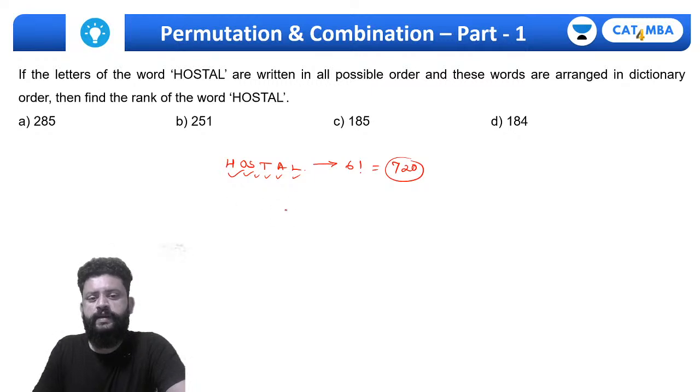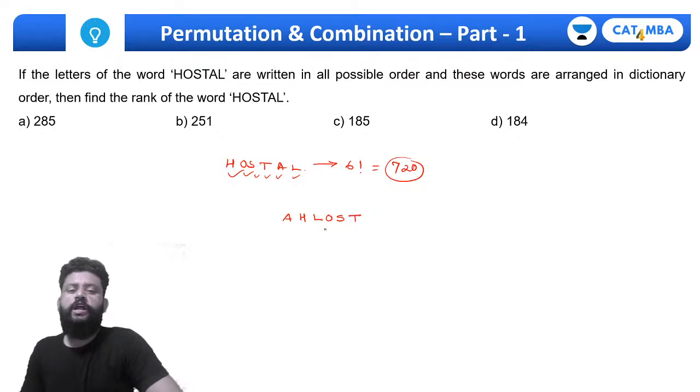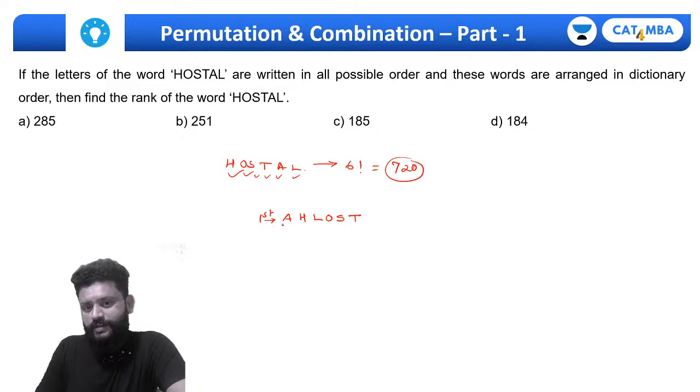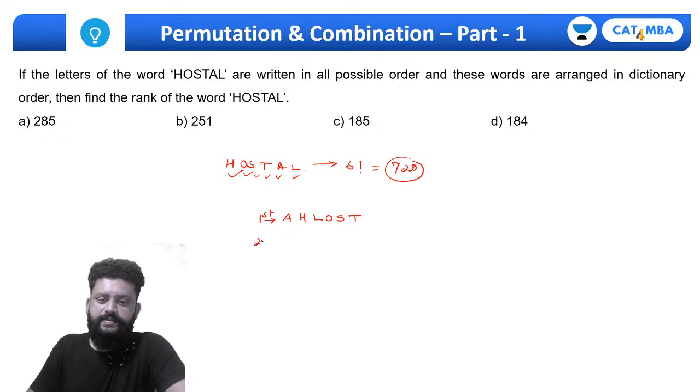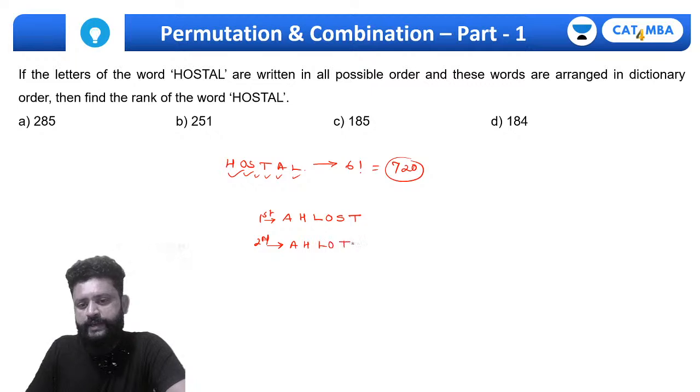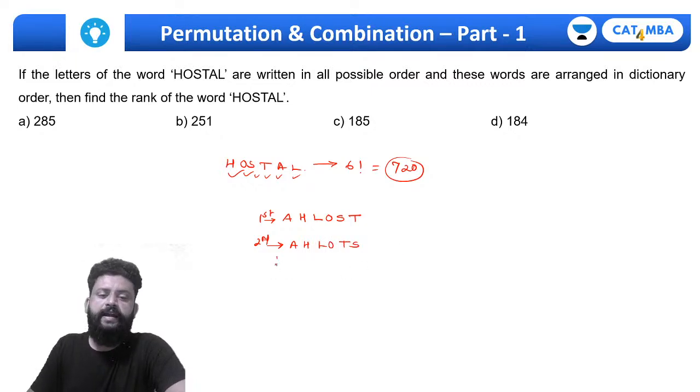Let's arrange alphabetically. AEHLOST, sorry, AEHLOST is going to be the first word if you arrange all the words alphabetically. Then the second word I'll just write so that you can comprehend it: AEHLOTS will be the second word, and so on.